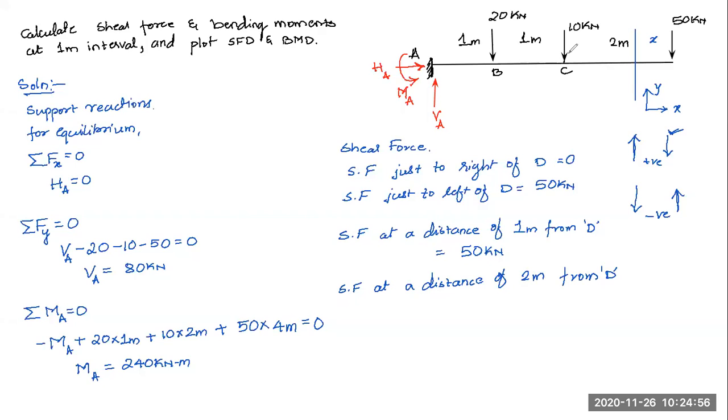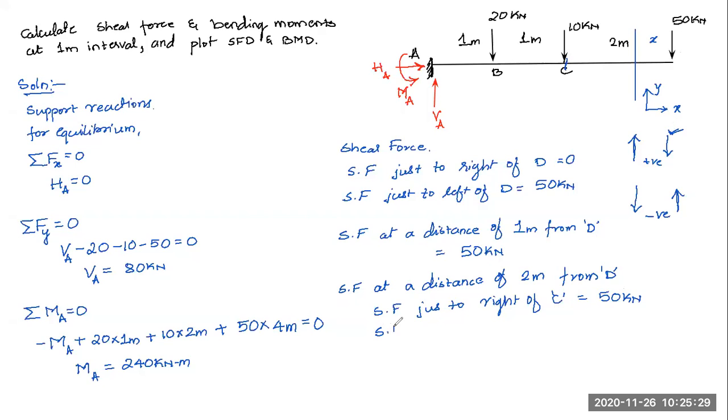But there is a concentrated load. So what I'll consider is shear force just to the right of point C. It will again come out to be 50 kilonewton. When I'm to the right side of this point C, what I have is only 50 kilonewton acting in downward direction. So the sign convention is positive, so it will be plus 50.